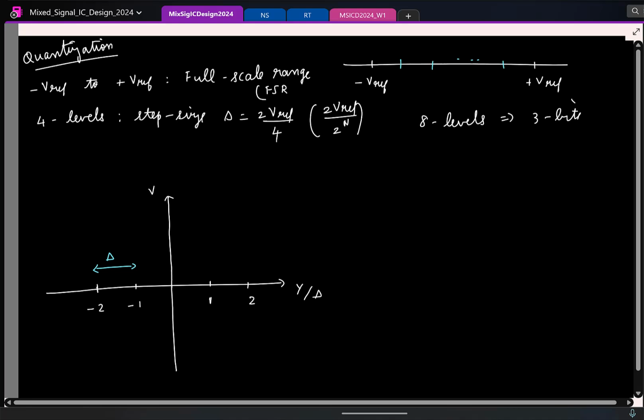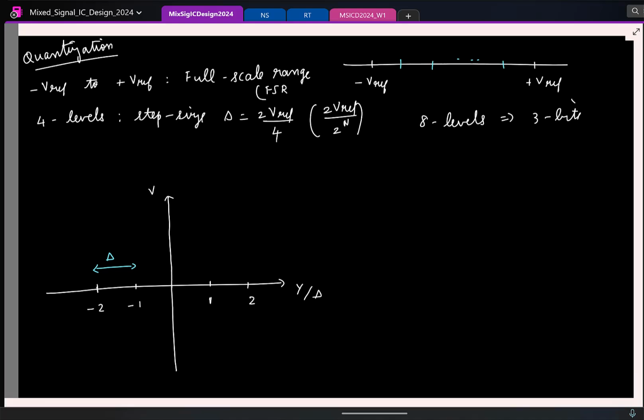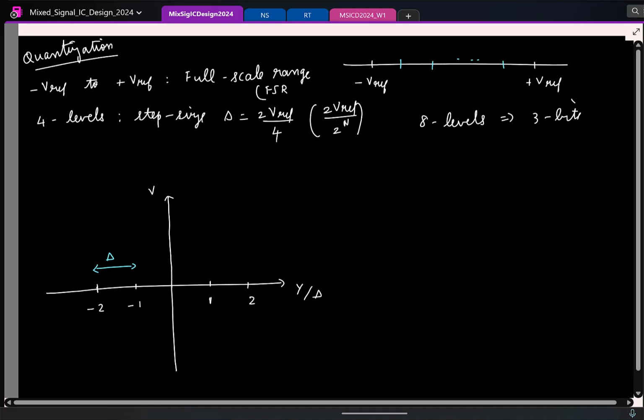Now, any amplitude in this range, I want to round it off to some amplitude. What do you think is a reasonable value to round off anything in this range? Between 0 and 1, what can I round it off to? 0.5. In principle, any value in this range is okay, but 0.5 seems to be the logical thing to do. I will say anything within 0 delta and 1 delta, I'll round it off to 0.5 delta, and I'll normalize this also with respect to delta, so I don't have to worry about deltas everywhere.